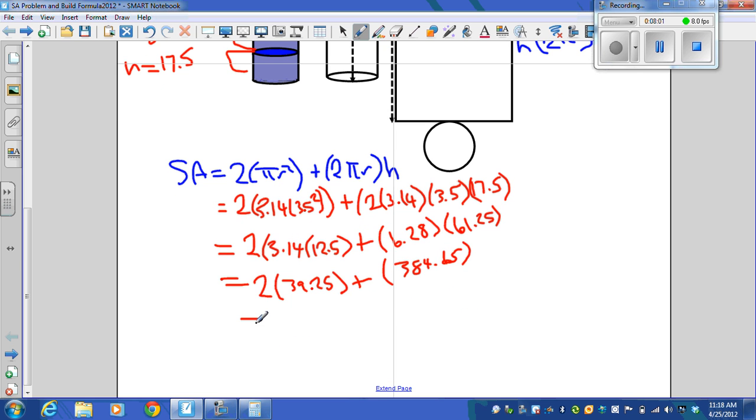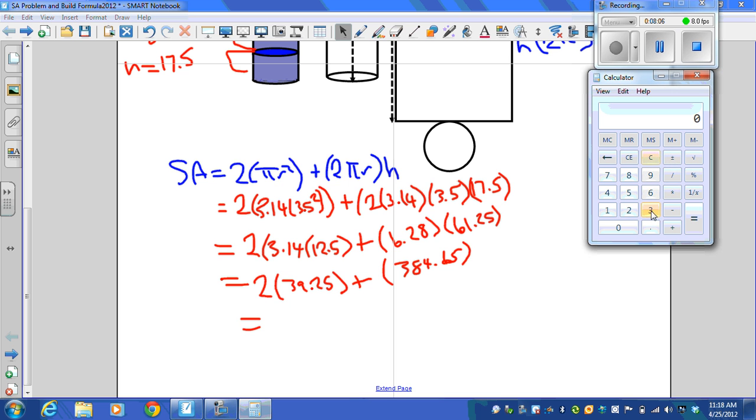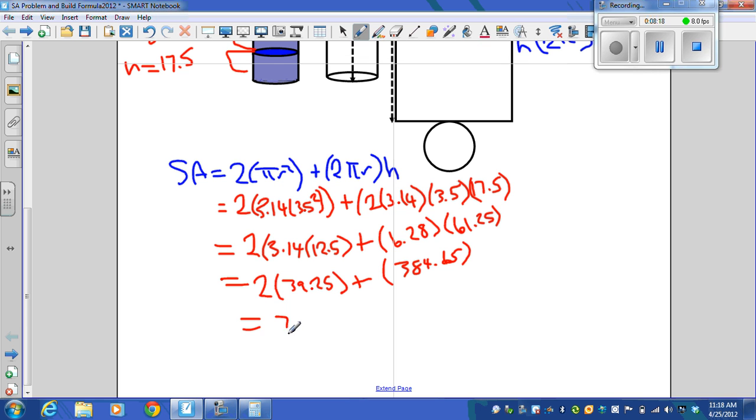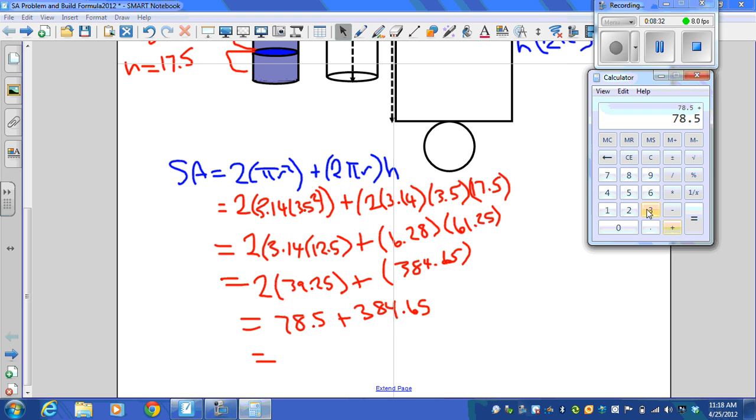Then I'm going to do 2 times 39.25, which equals 78.5. So 78.5 plus 384.65 is equal to 463.15.